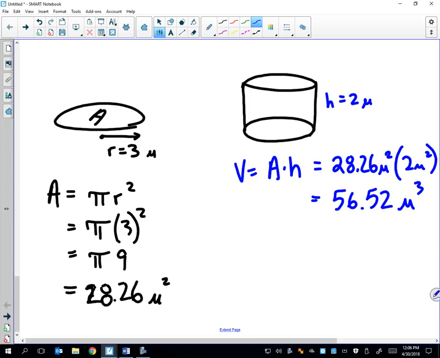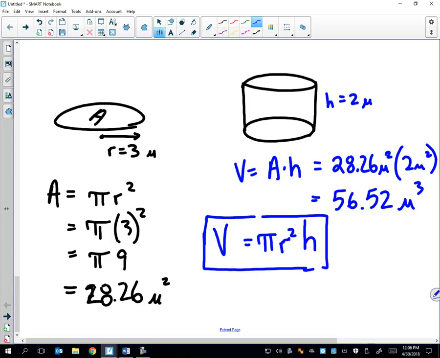Another way of looking at the volume of a cylinder, the grown-up way, is to say the area is pi r squared times the height. Base, which is a circle, times the height.